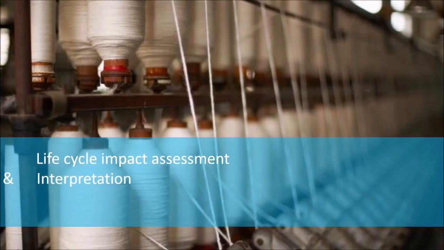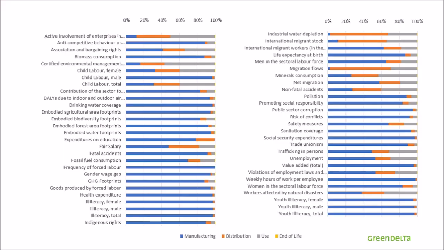Let's explore the impacts of the product. So, I first calculated the result with the social impacts weighting method, and then I used the contribution tree tab in OpenLCA to assess the contribution of life cycle stages to every impact category.